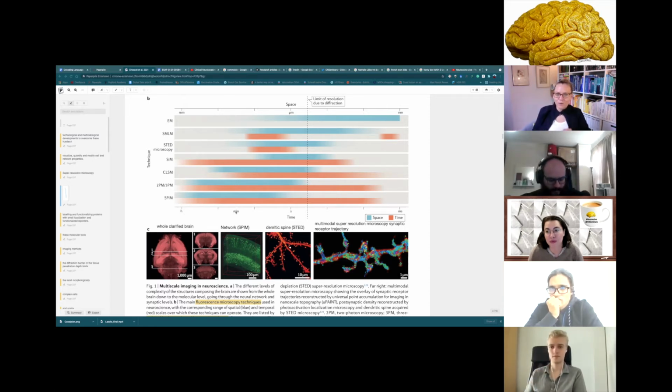For example, if we take stroke, the thing you want to know in the first instance is is there a bleed or is there an occlusion? For that, you don't need a fancy super resolution scan. You can take a CT scan just to see if there's a bleed, and then you plan your treatment pathway accordingly. Obviously, for our purposes, those images are not great, but they completely serve the clinical need at the time.